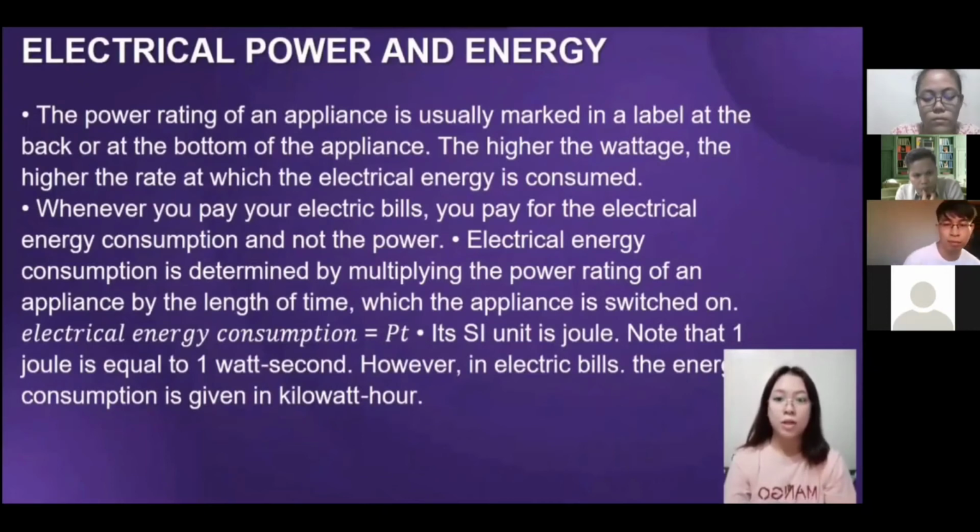Electrical energy consumption is determined by multiplying the power rating of an appliance by the length of time which the appliance is switched on. Electrical energy consumption equals PT. Its SI unit is joule. Note that 1 joule is equal to 1 watt-second. However, in electric bills, the energy consumption is given in kilowatt-hours.